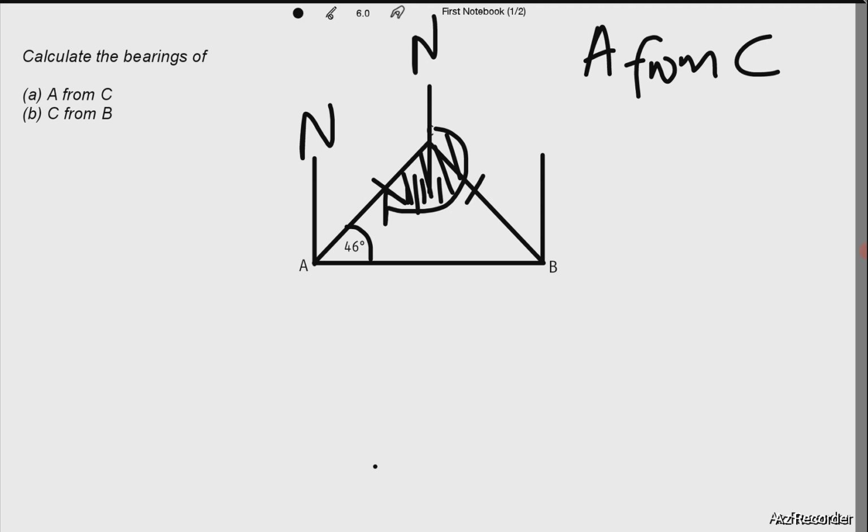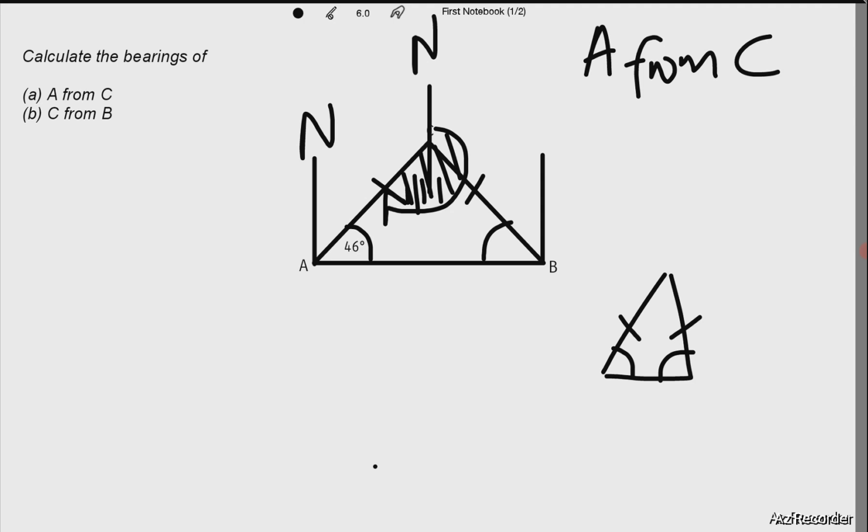Now we are going to consider something here, knowing that the triangle is something like this. This is an isosceles triangle. For an isosceles triangle, if the base angle here is 46, then also here it's 46, because the base angles are equal.